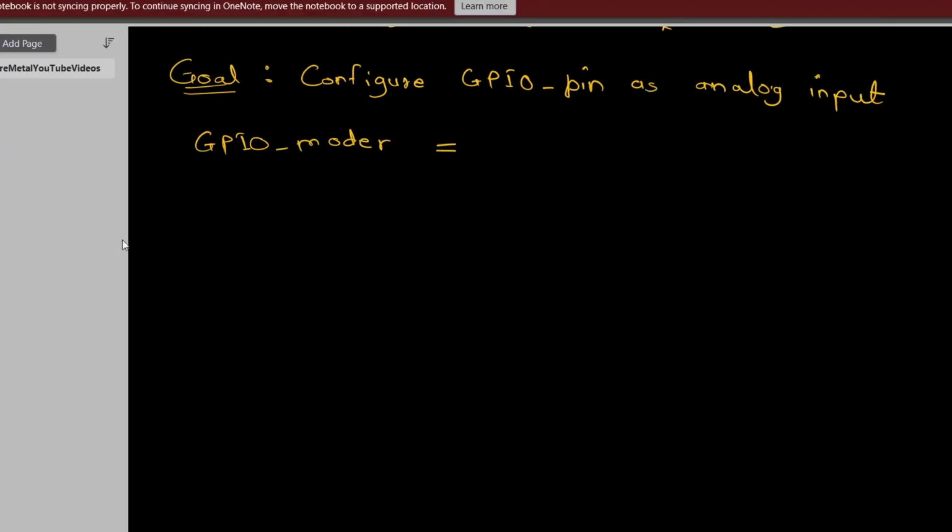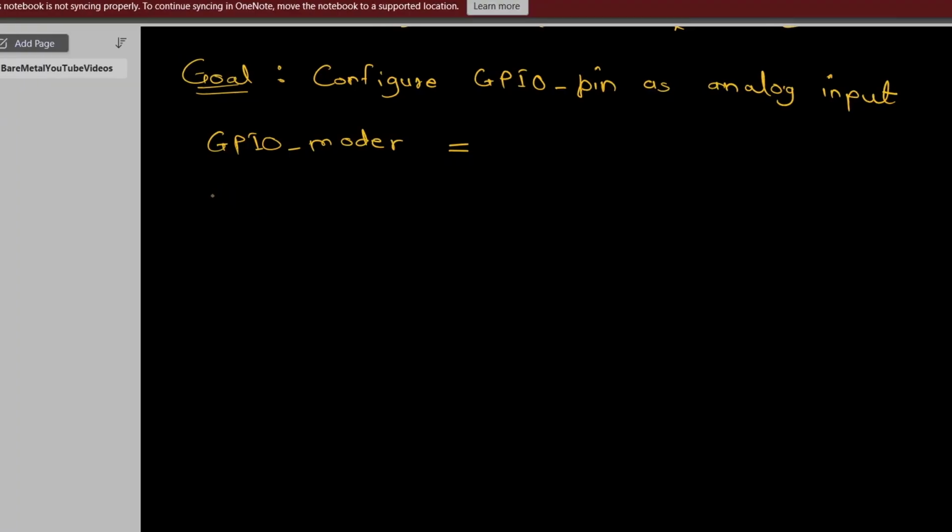We have seen this from the datasheet, and I'll again walk you through it. This is a 32-bit register. Bit number 31 will be the last, and I'm going in reverse order, so I'll start from 0, 1, 2, 3, 4, 5, 6.